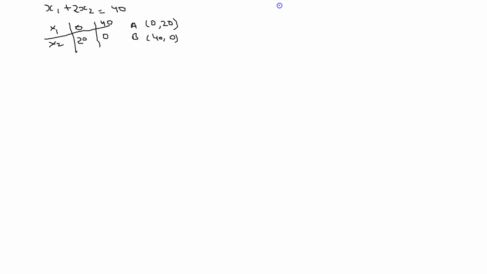So now what we can do, we can plot these 2 points on the graph. Let's say we have x1 and x2 axis, and this is the point O, whose coordinates are 0, 0.